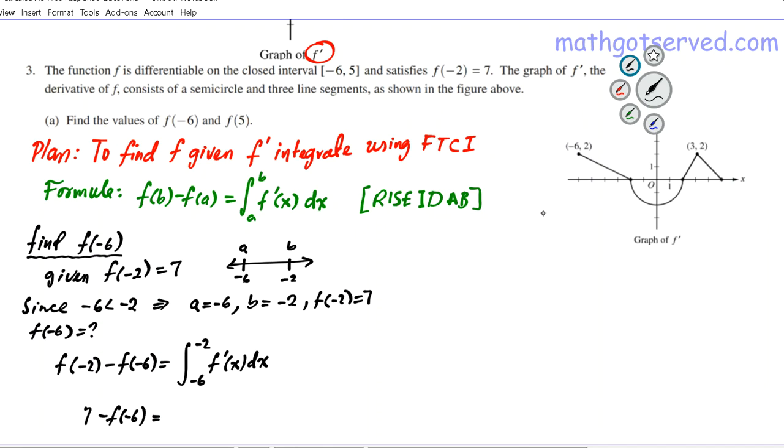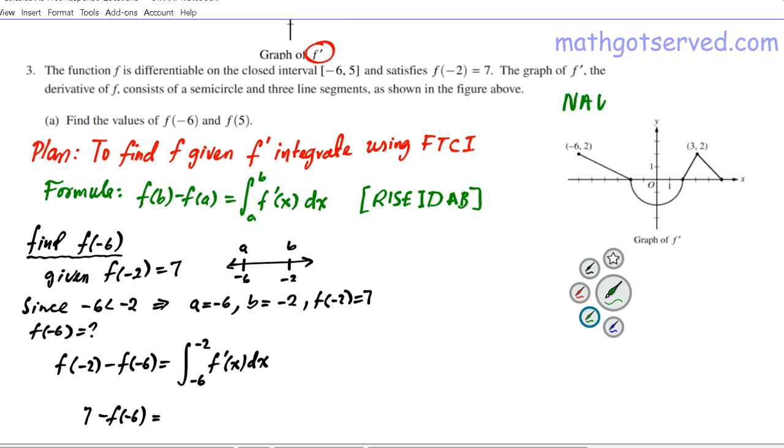The connection is the following. Let's remind ourselves. We're looking at the integral. All right, so when you're looking at the integral, it could be found using A, which is the area.